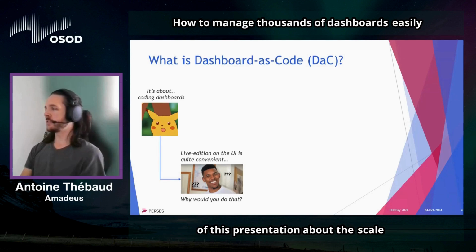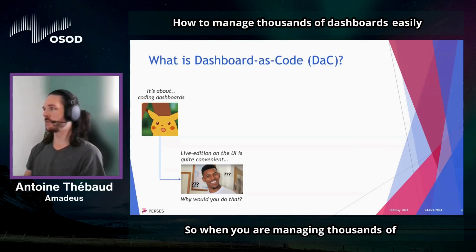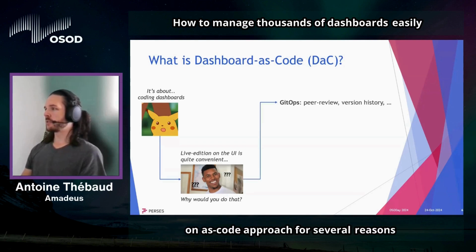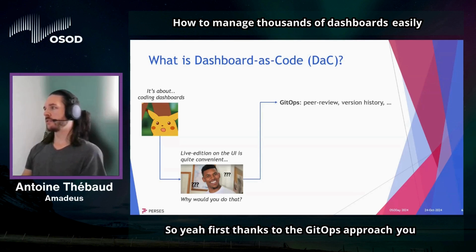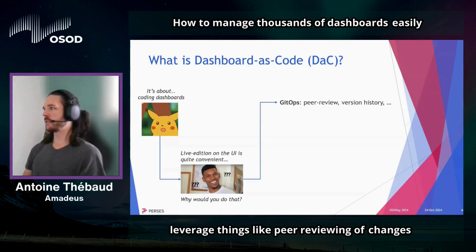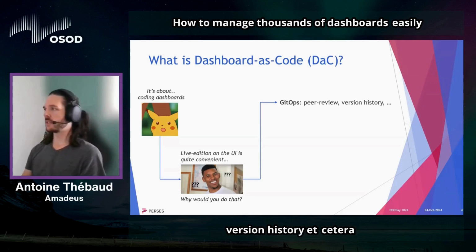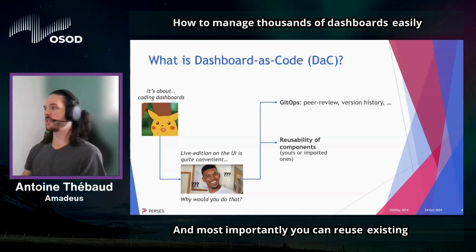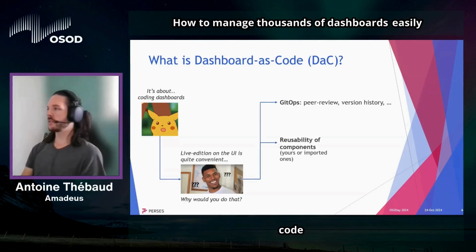the title of this presentation, about the scale. So when you are managing thousands of dashboards, it makes sense to, at some point, rely on an as code approach. So for several reasons. So first, thanks to the GitOps approach, you leverage things like peer reviewing of changes, version history, etc. And most importantly, you can reuse existing code.